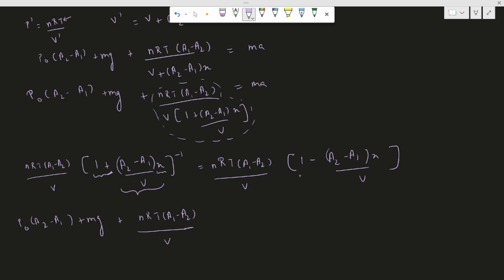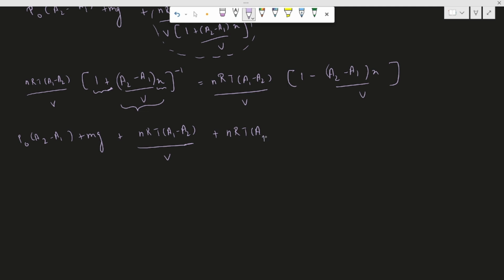If I open this bracket, I can write minus nRT plus nRT (A1 minus A2)(A2 minus A1) whole square by V square. Now look at this term. I can write this as nRT (A2 minus A1) and bring the minus sign outwards, like this.